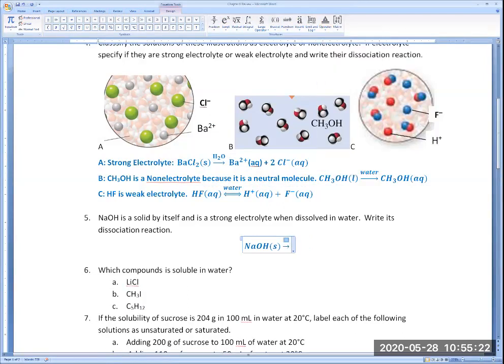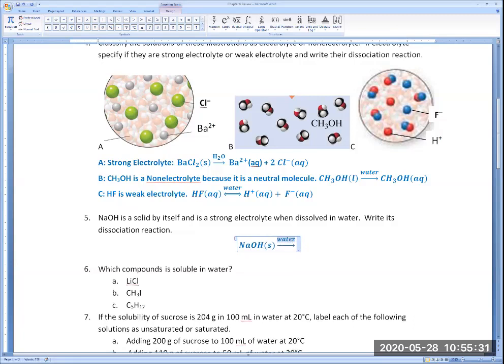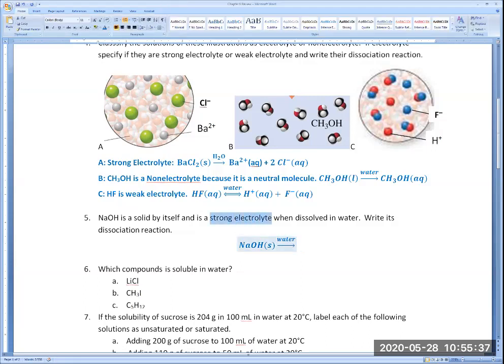So it's a strong electrolyte. Notice how I chose the arrow that goes only straight to the right. I didn't choose the arrow that says it's a reversible reaction. This is a strong electrolyte, so I need to use an arrow that only goes to the right.